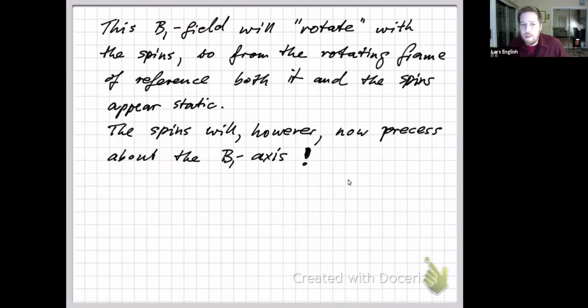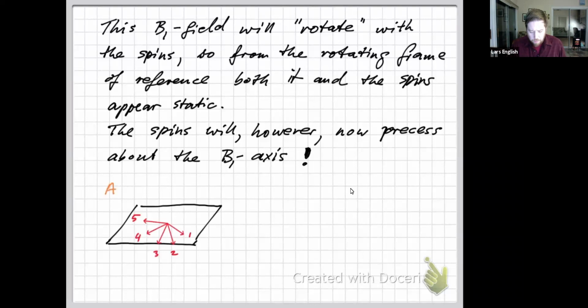These spins will precess about the B1 axis. So they will rotate about the B1 axis. Through what angle will they rotate? Well, it is a pi pulse after all. And so it stands to reason that the angle through which they rotate is 180 degrees, right?